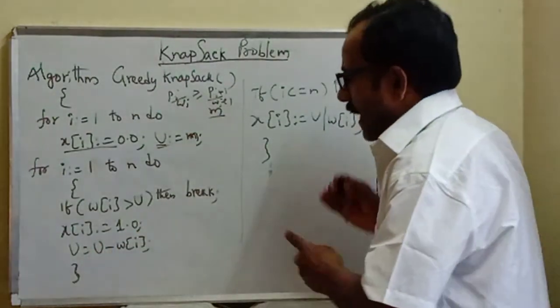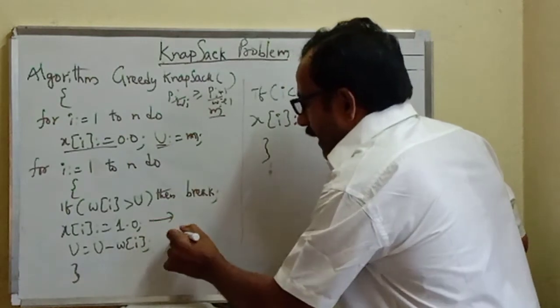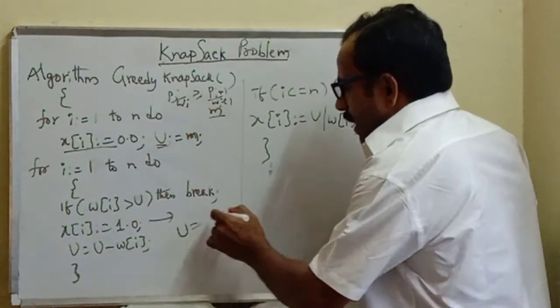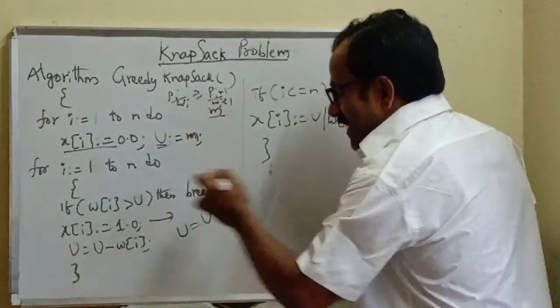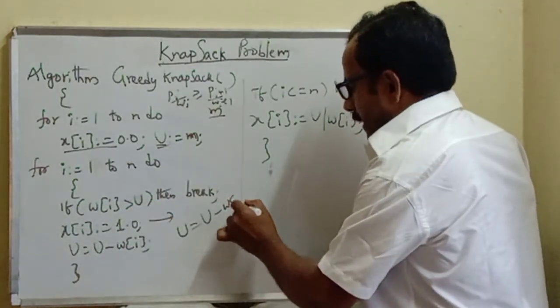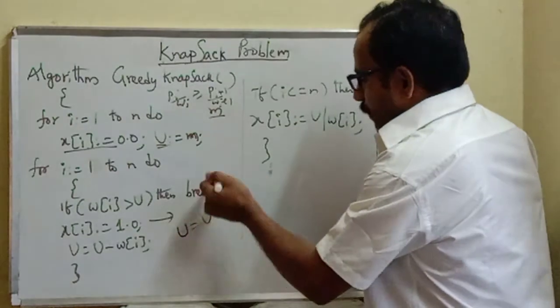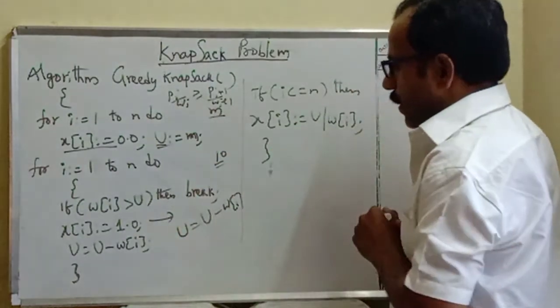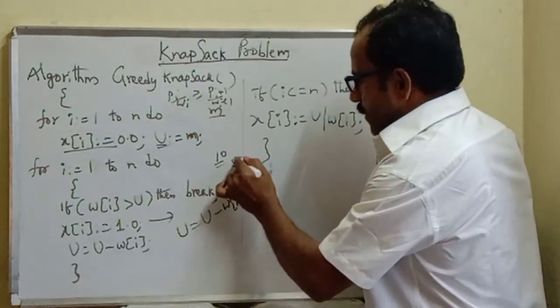Once after considering the item completely, earlier the remaining knapsack capacity was U. What about the updated knapsack capacity now? It is the earlier knapsack capacity before placing this item minus the item weight. Suppose before placing this item, the remaining knapsack capacity is 10 units, and the ith item weight is 5 units.